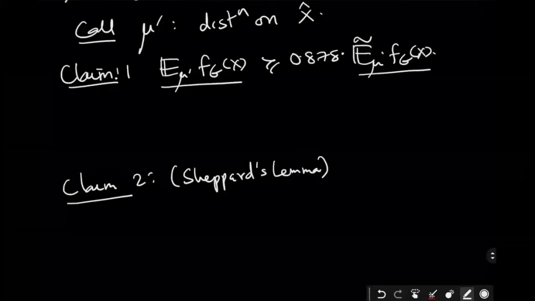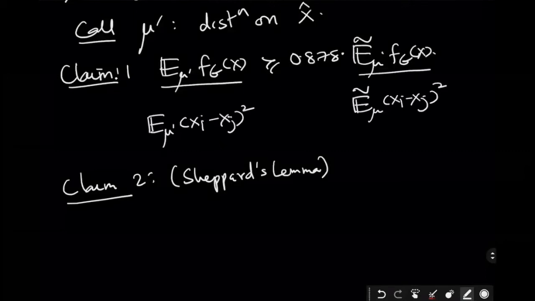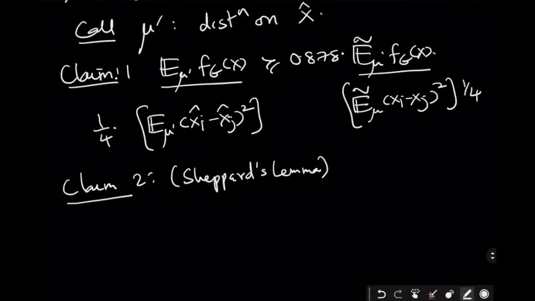Now, on the right hand side, I get something like E tilde mu of (x_i minus x_j) squared, and on the left hand side, I get E mu prime of (x_i minus x_j) squared, and of course, all of them are scaled by a factor of 1/4. But remember, x hat is a distribution over the hypercube.